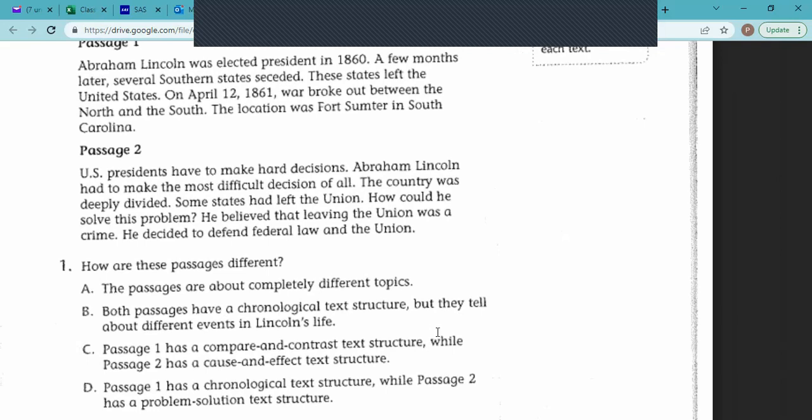C, passage 1 has a compare and contrast text structure, while passage 2 has a cause and effect text structure. Or D, passage 1 has a chronological text structure, while passage 2 has a problem solution text structure. Go ahead and pause your screen so you can find your correct answer.